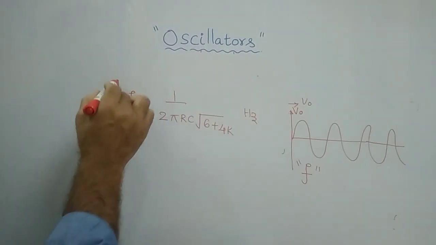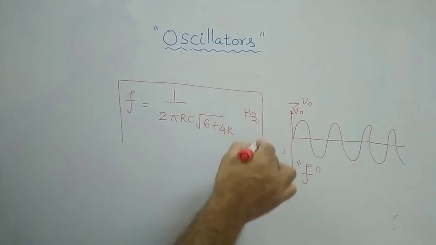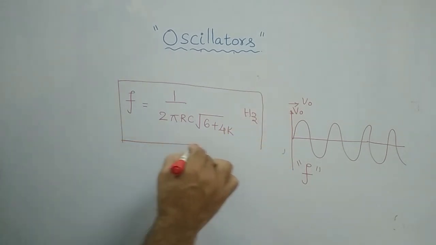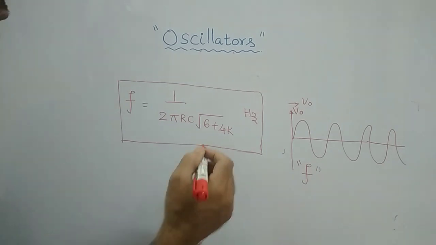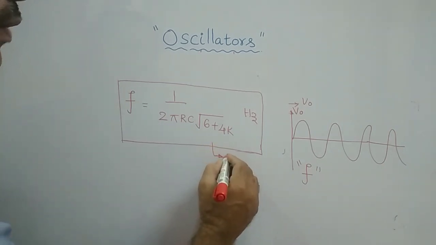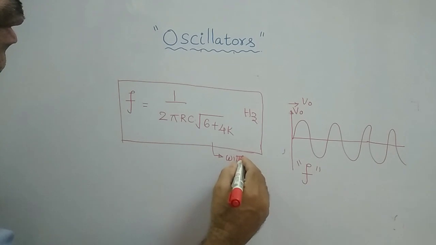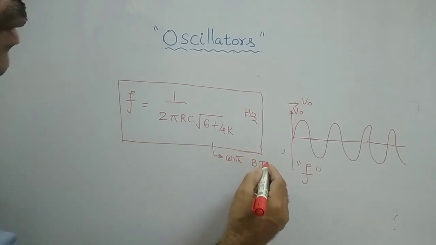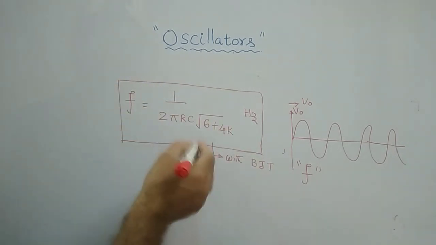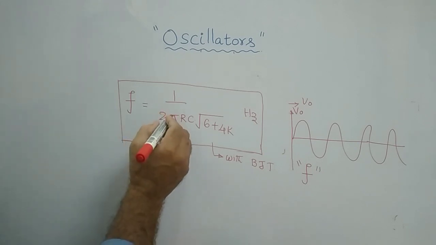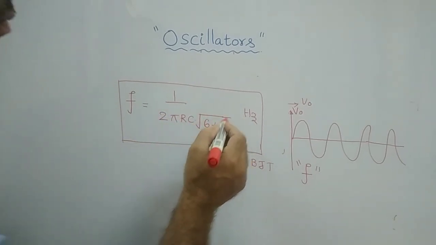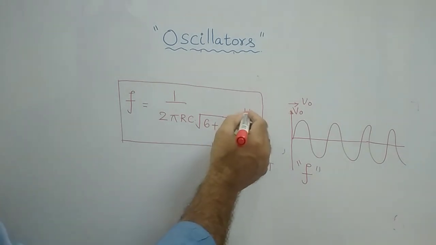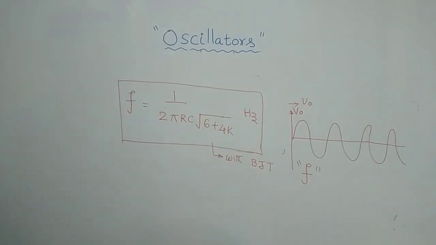This is the frequency of oscillation of an RC phase shift oscillator using a transistor as the amplifier, the expression with BJT.